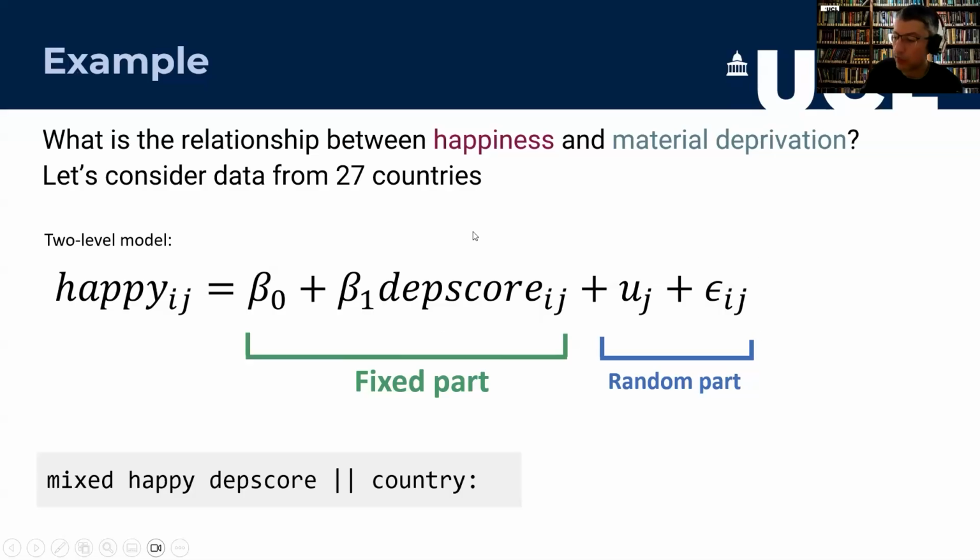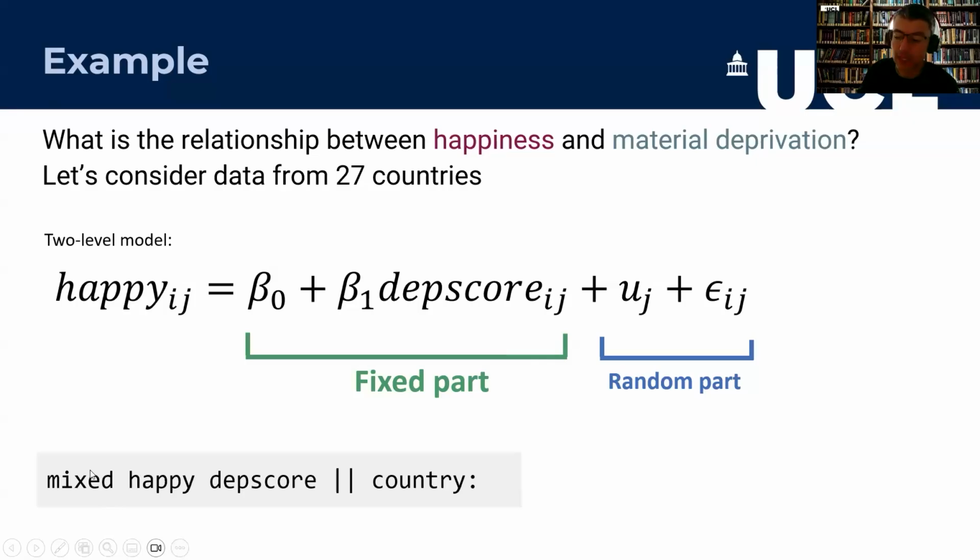And in the model, we therefore allow for an overall average relationship plus or minus the depression score for that subject, which will depend on how far away that country is from the overall observed relationship, as well as how far away that subject is from the average observed in the specific country j. So we would split this relationship between the fixed part and the random part.